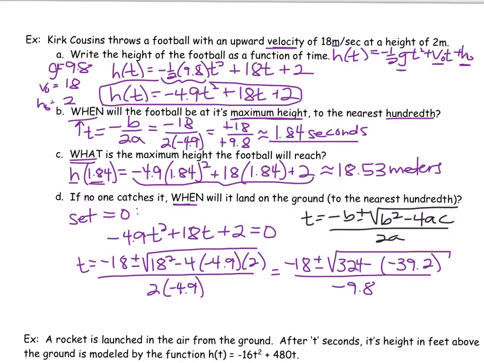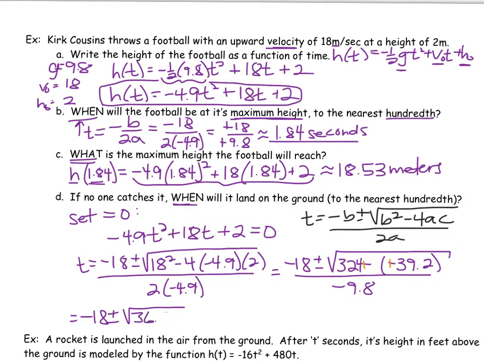We have 2 negatives on the inside, so that's going to change to positive, and that would give us negative 18 plus or minus 324 plus 39.2, which would actually be the square root of 363.2.